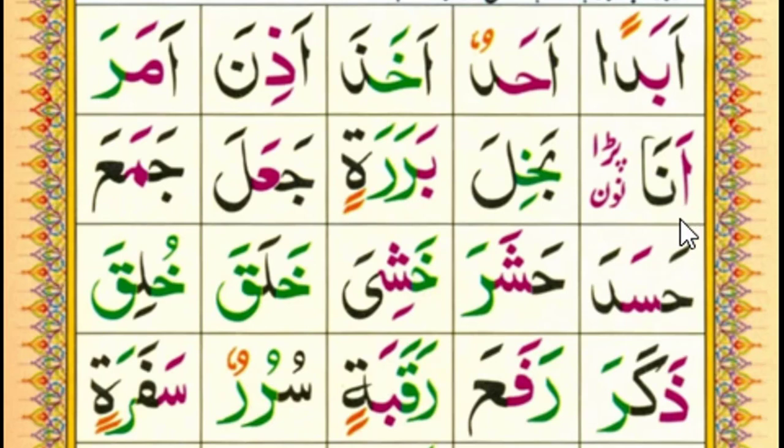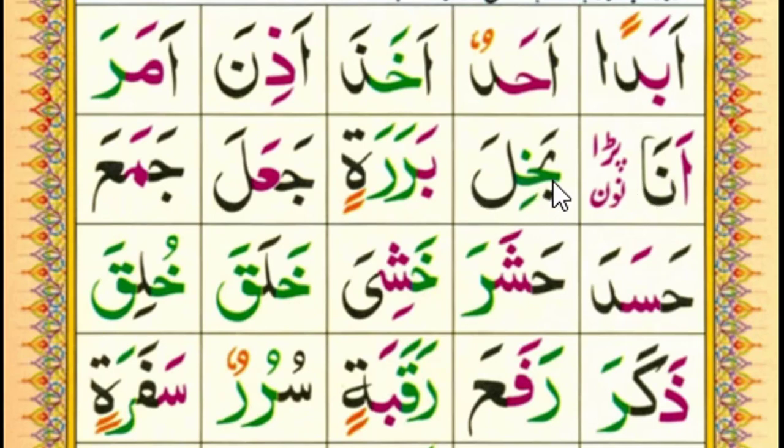We will say only Hamza and Noon, and then with the short sound: Ana. We say again Hamza, Fatha, A, Noon, Fatha, Na, Ana. We will not lengthen, like Ana. Alright, so this is the word which you will not lengthen.